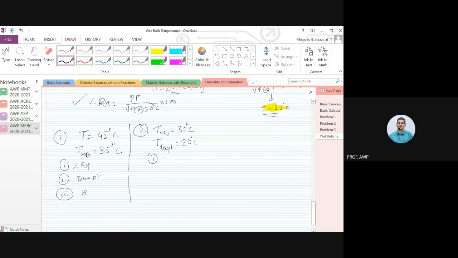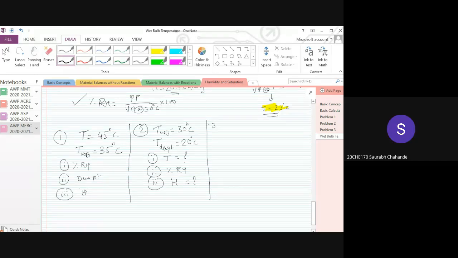Can you find out the temperature of the air? Can you find out the percent RH? Can you find out the humidity? That is the second problem.